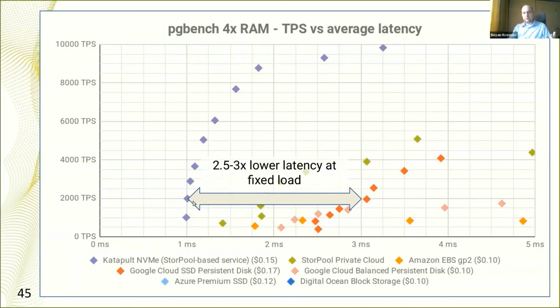So for example, for 2,000 transactions per second on that benchmark, you get 1 millisecond per transaction latency versus, say, 3 milliseconds in the second best cloud.